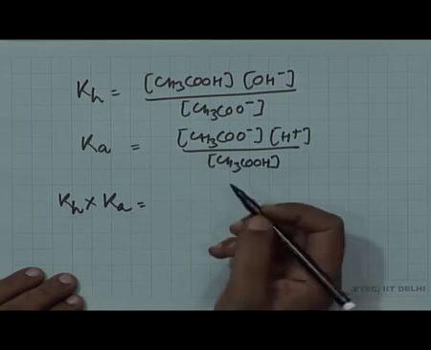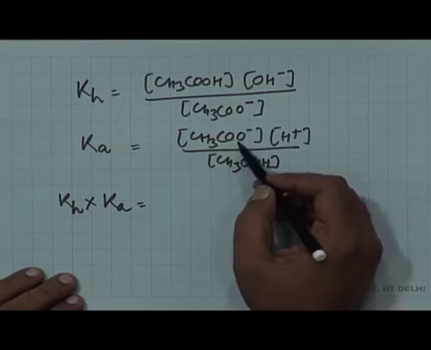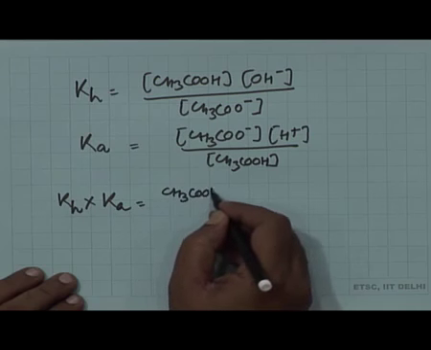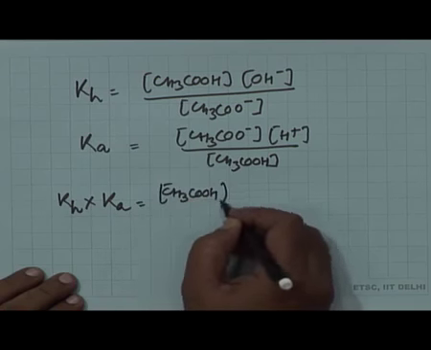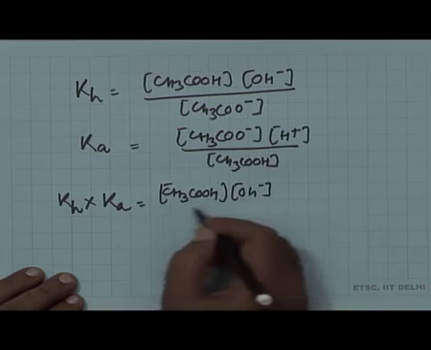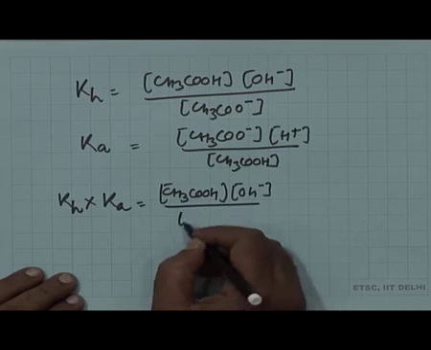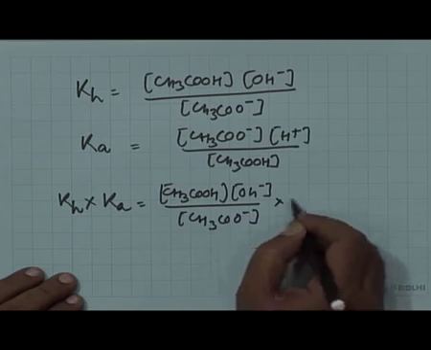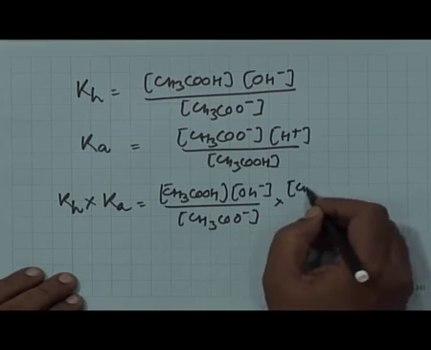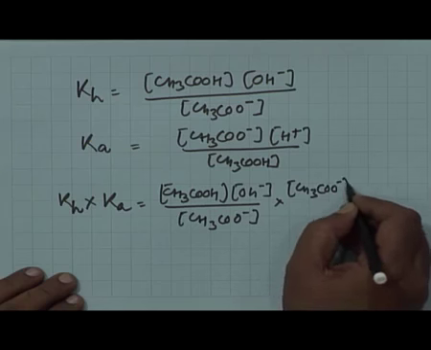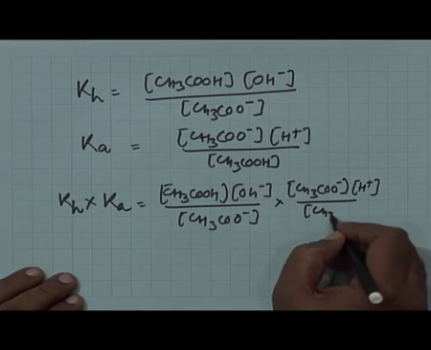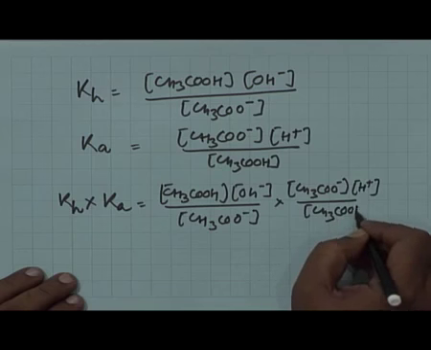What will you get? Kh into Ka is CH3COOH into OH minus by CH3COO minus, into CH3COO minus into H plus by CH3COOH.